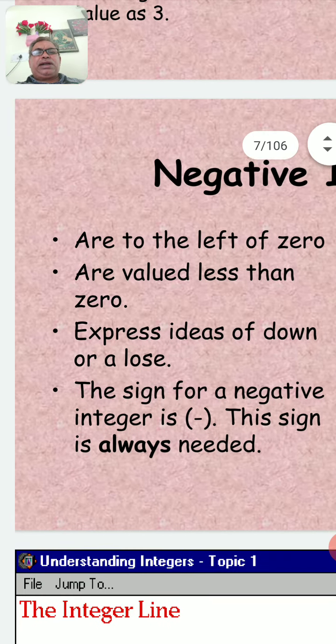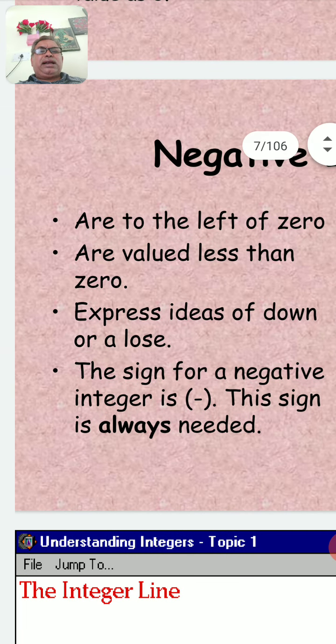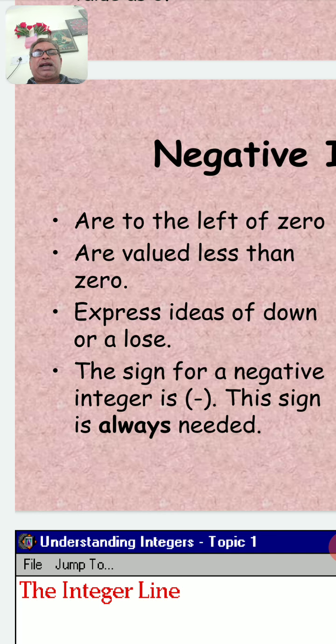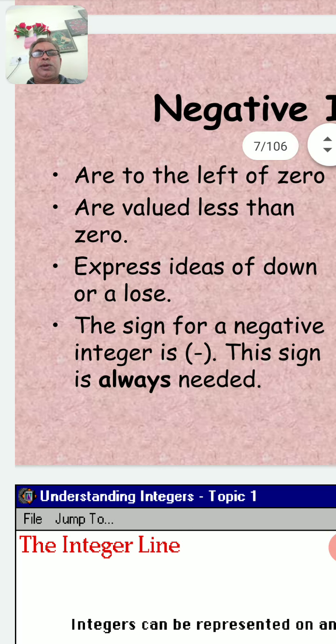But negative integers are at the left of the 0. At the left side of the 0, all negative integers, and their values are less than 0. Means all are less than 0.